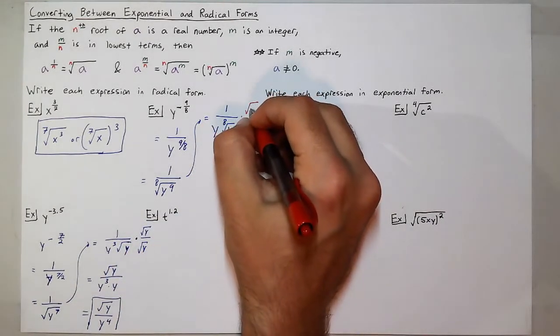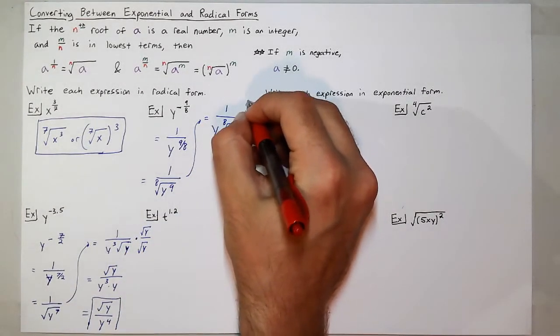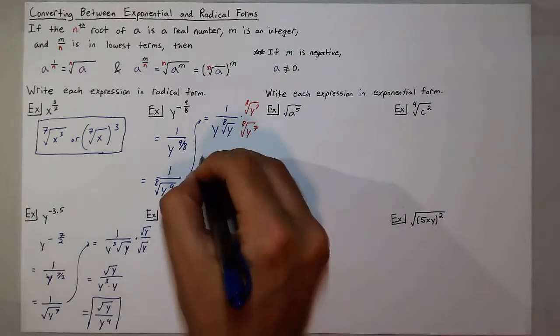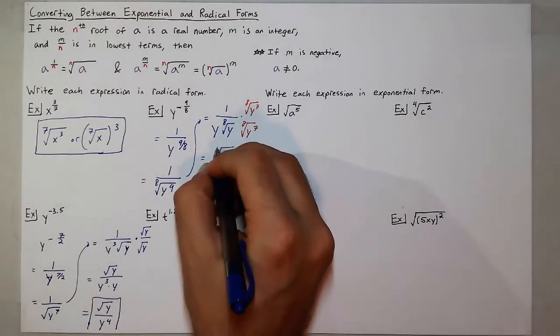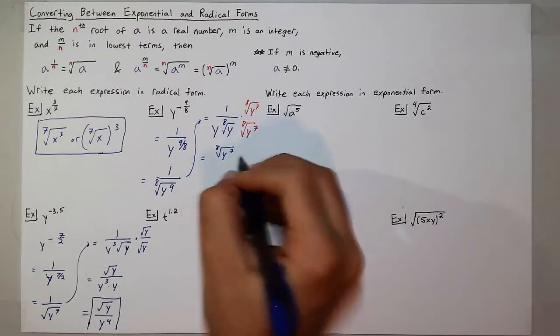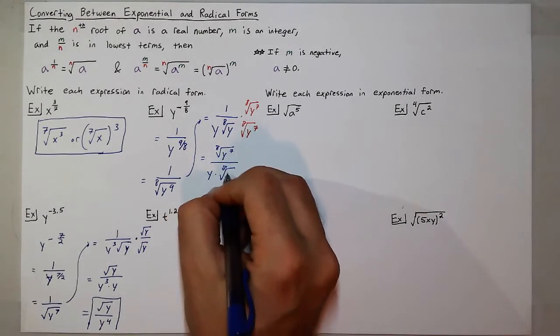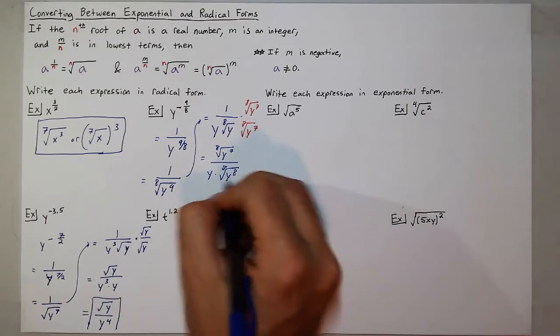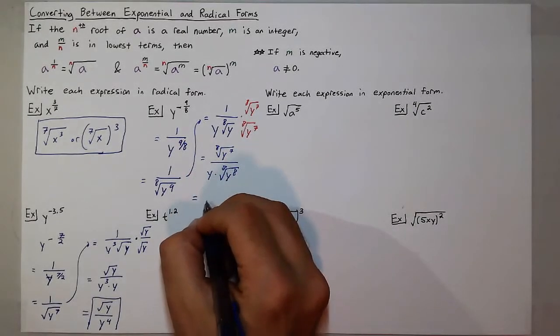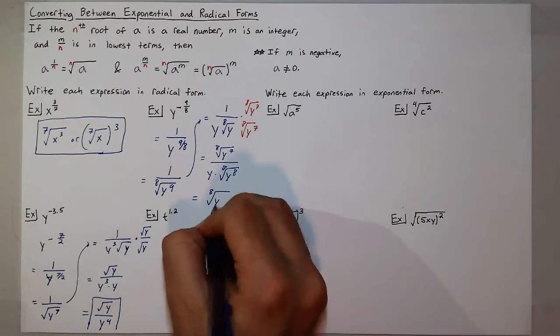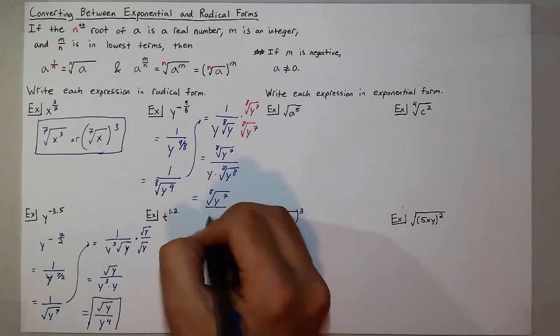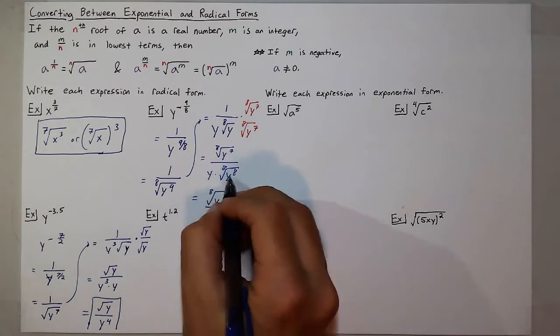And whatever I do to the denominator, I should also do to the numerator. So I'll end up with the 8th root of y to the 7th power over y times the 8th root of y to the 8th, which is just y, leaving me with my answer of the 8th root of y to the 7th over y squared, y times y.